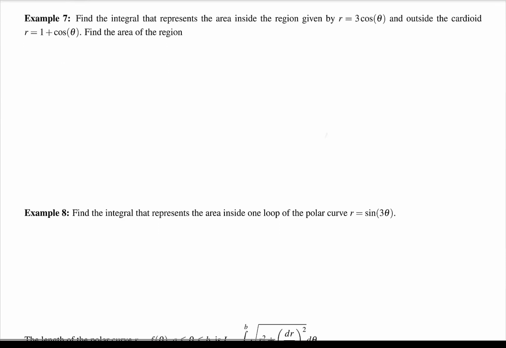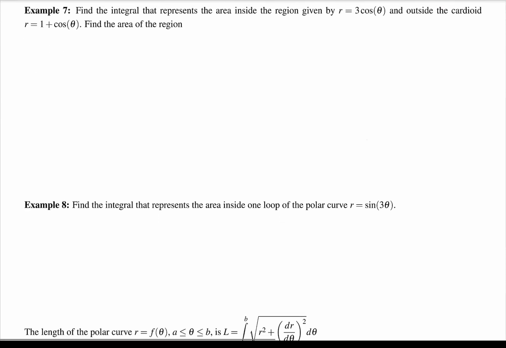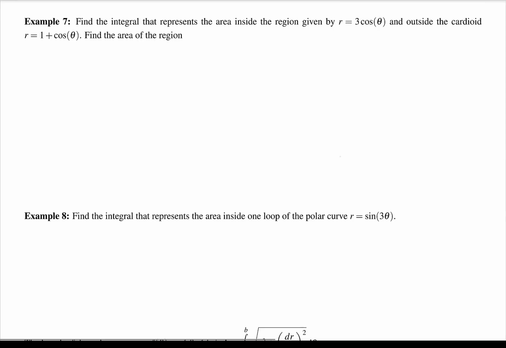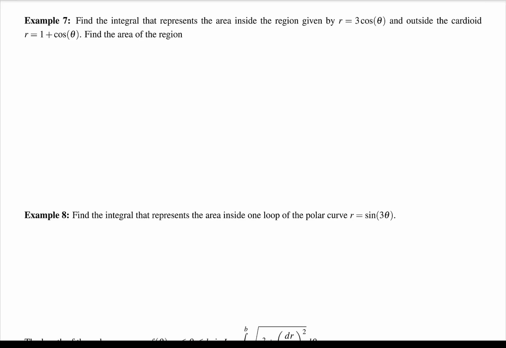Now let's take a look at example 7. So example 7 here, it looks like we have a circle and a cardioid. Well, we know what both of these look like. This green curve, so if this is 1, 2, 3, then the green curve is represented by a circle like this.